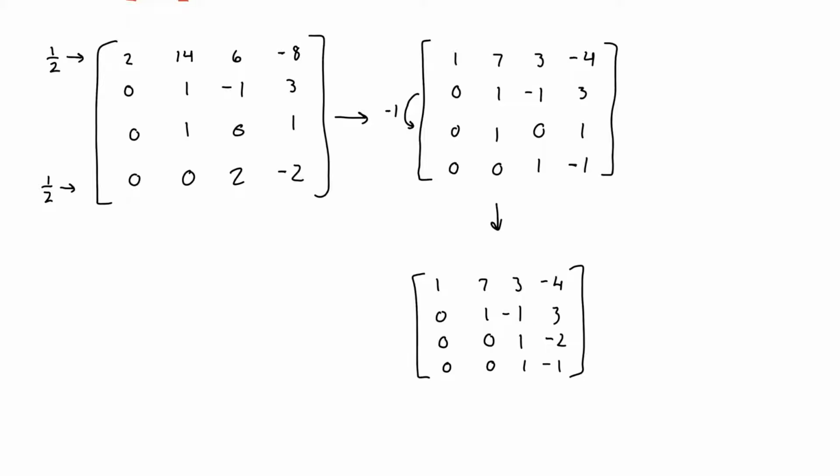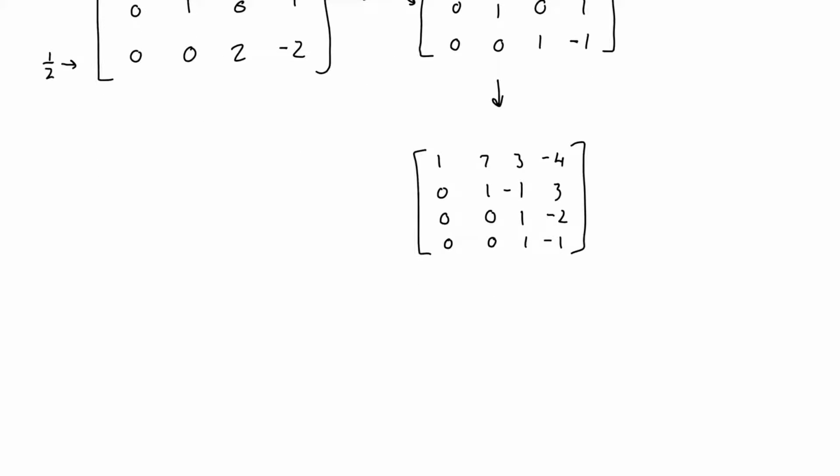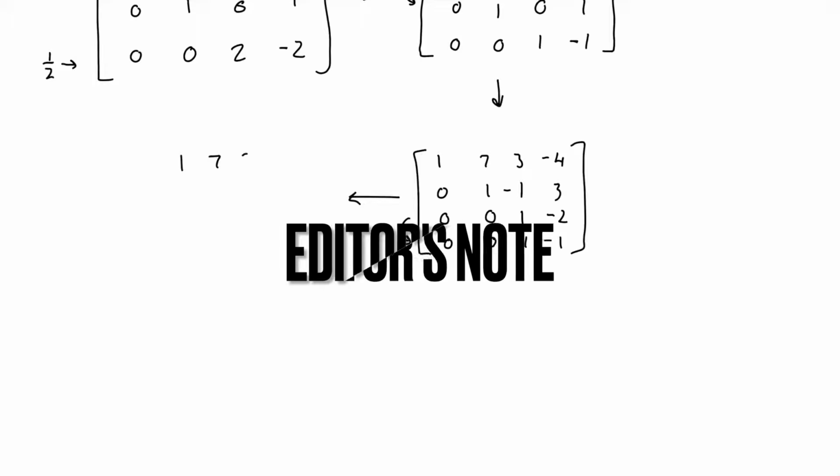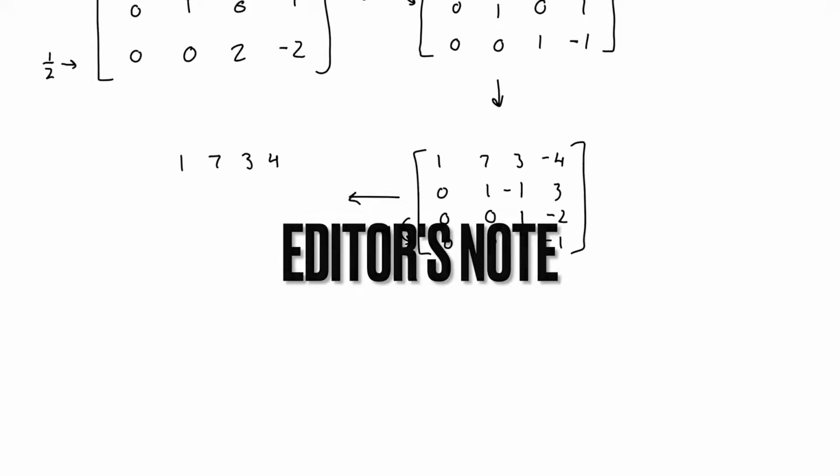But now we can't have these two rows both have a leading 1 in that position. So now what we're going to do is multiply the third row by -1 and add it to the last row. And so this matrix is going to become, in editing this, I realized I put a 4 instead of a -4.